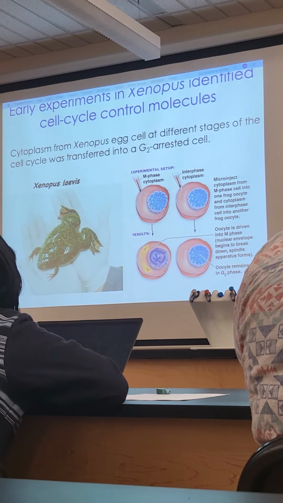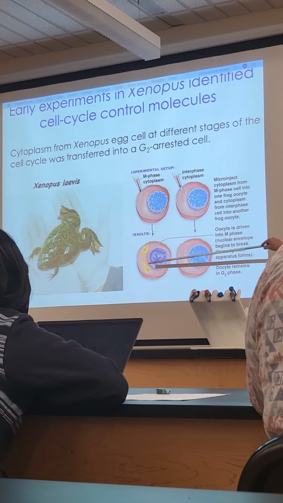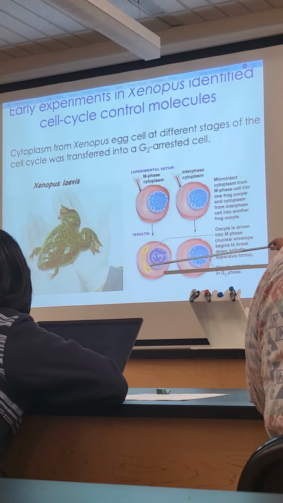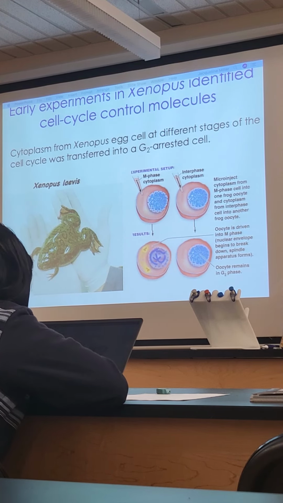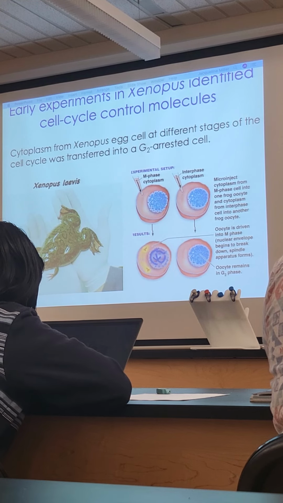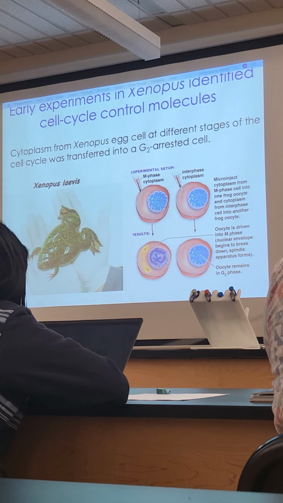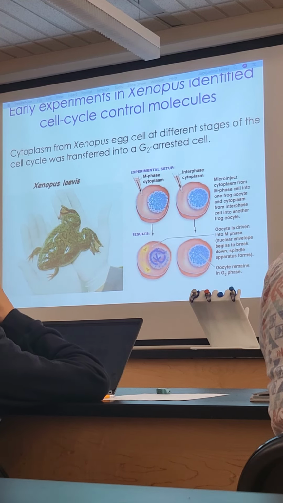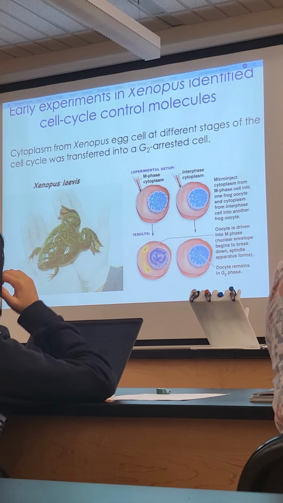They did see that if you inject cytoplasm from a mitotic cell into an interphase cell, it induced that cell to immediately enter into mitosis. So what does that tell you about whatever it is that is doing this? Where is it found? It's found in the cytoplasm. So it tells us there's some kind of factor, probably a protein, that is in the cytoplasm.